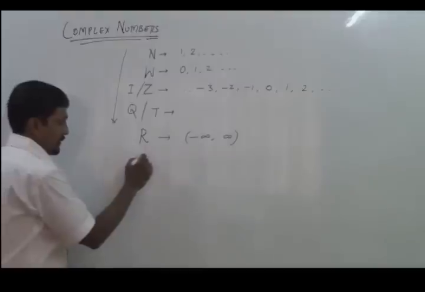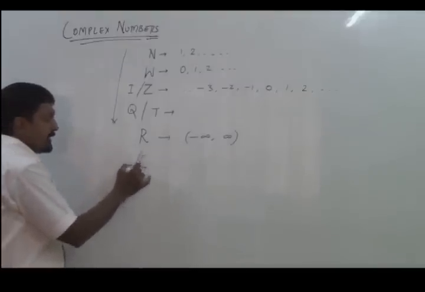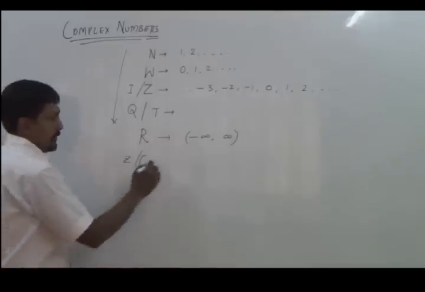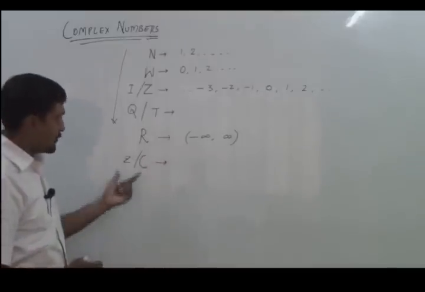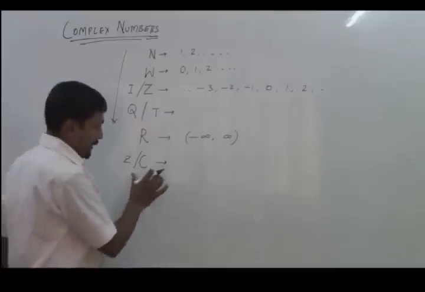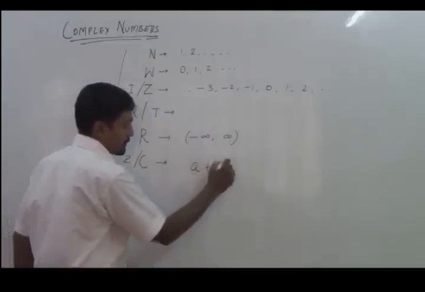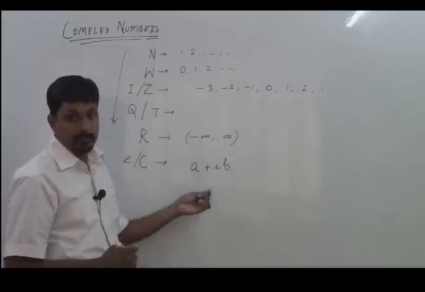Now the next concept is complex numbers, denoted by C or Z. A complex number is denoted by a plus iota b.